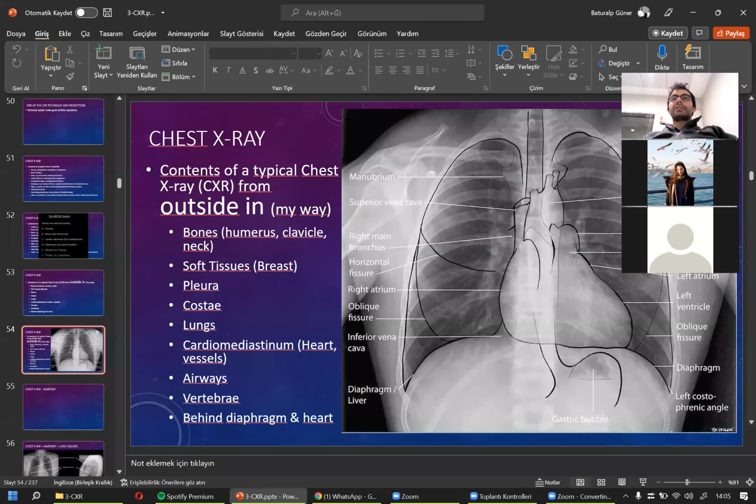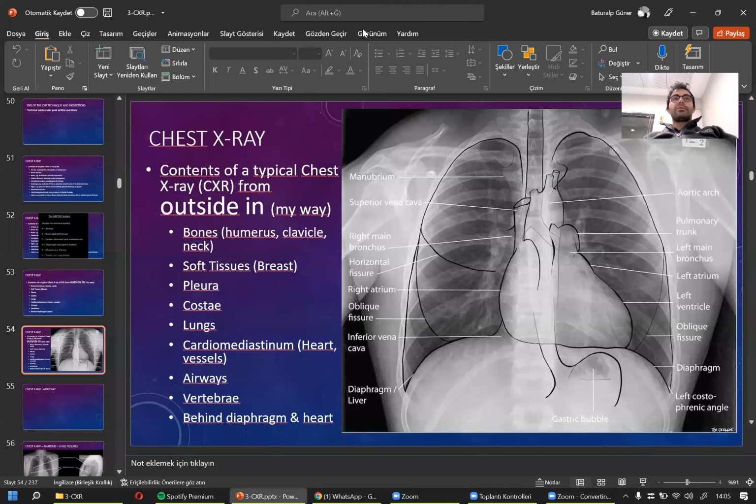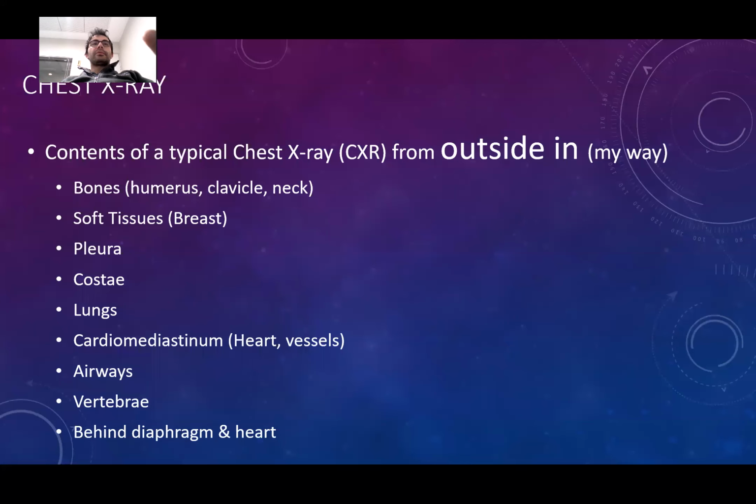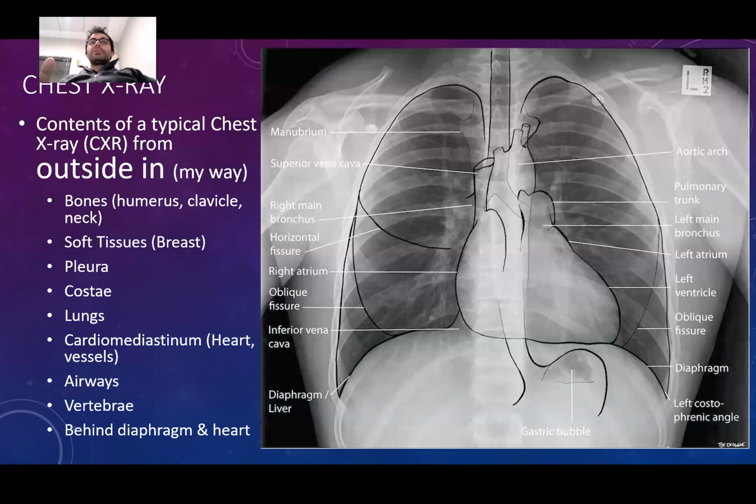All right. These other slides, you have seen them before, like the A, B, C, D, E, F way, or my way, starting from the outside. As I have told you, I start from the very outside. I look at the humerus, the scapula, the clavicles, and the outer bones. I look at the soft tissues.